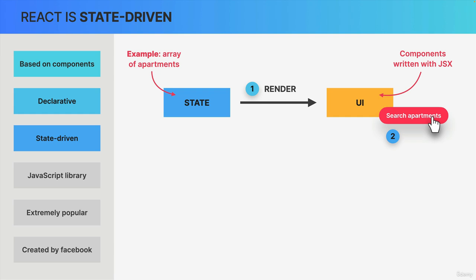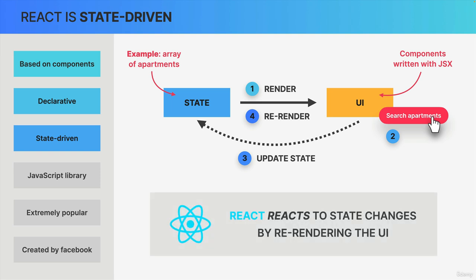For example, more data about apartments might be loaded from an API. And so here comes the interesting part. Whenever the state changes, we manually update the state in our app, and React will then automatically re-render the user interface to reflect that latest state. Or, in other words, React reacts to state changes by re-rendering the UI. And that is, in fact, the whole reason why React is called React in the first place.